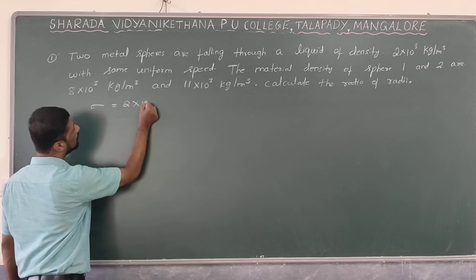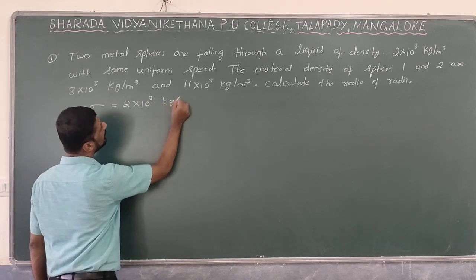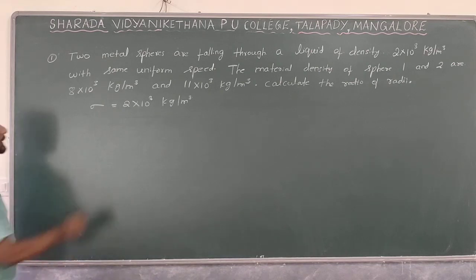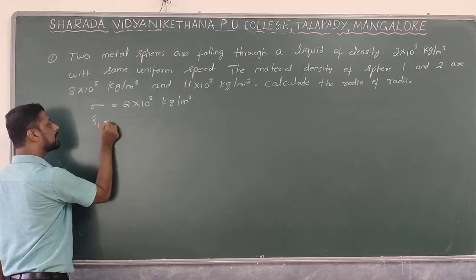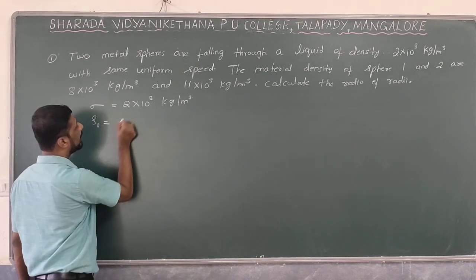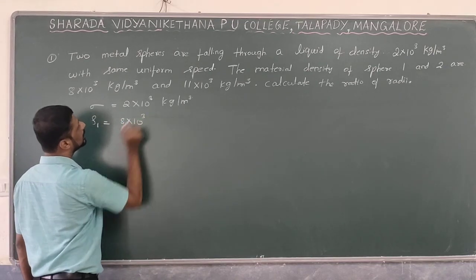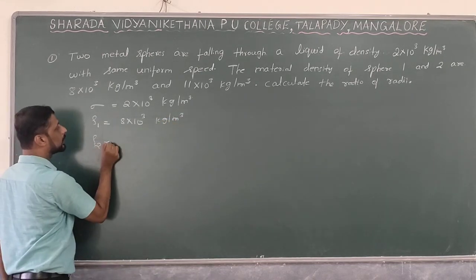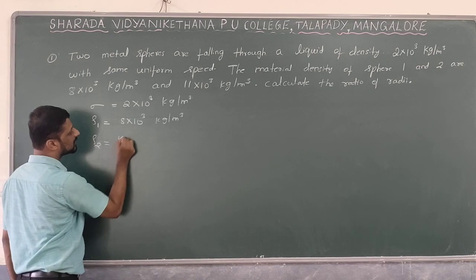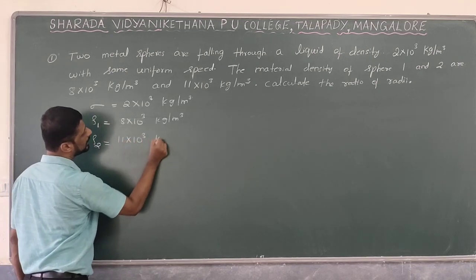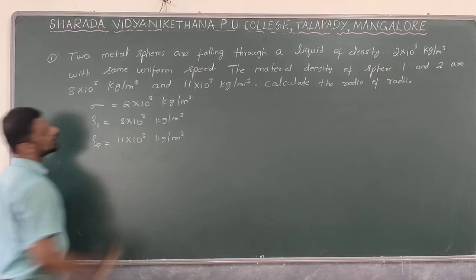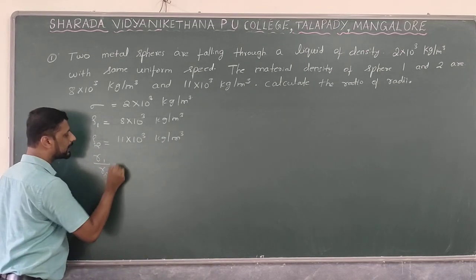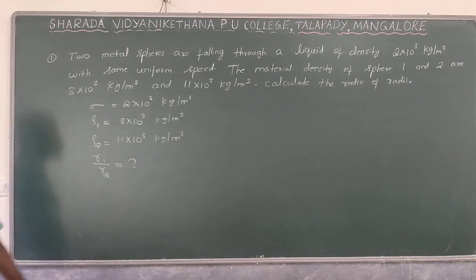The material density rho of sphere 1 is 8 into 10 power 3 kg per meter cube. The material density rho of the second sphere is 11 into 10 power 3 kg per meter cube. Calculate the ratio of the radii. R1 by R2 is equal to how much?